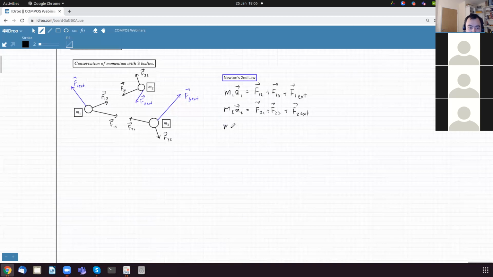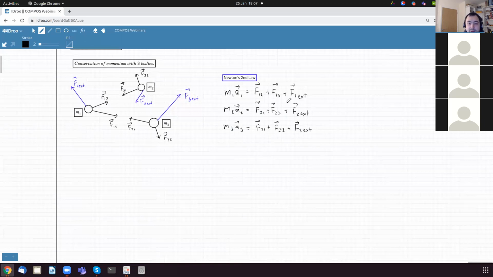And then we write M3 A3 equals F31 plus F32 plus F3 external. Okay, so these are the forces acting.